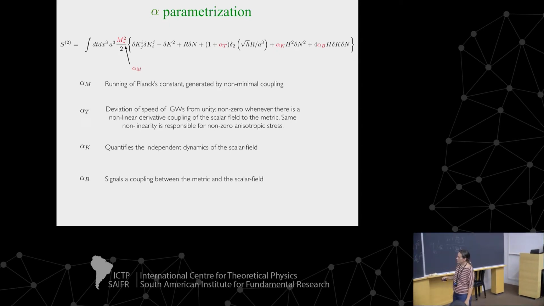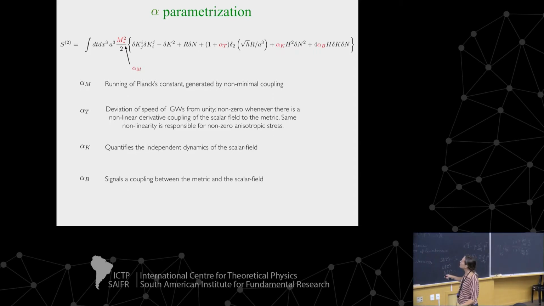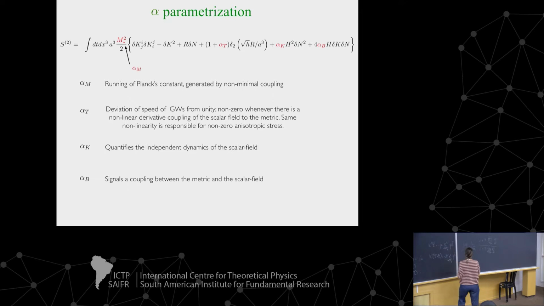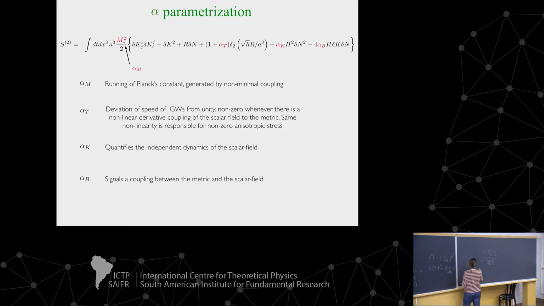Let me comment a little bit and then give you the comparison with the other. What are these functions? Alpha M is defined as, I think there's a logarithm, I'm not sure, but it's something like d log M star squared in d log a, or something like that.